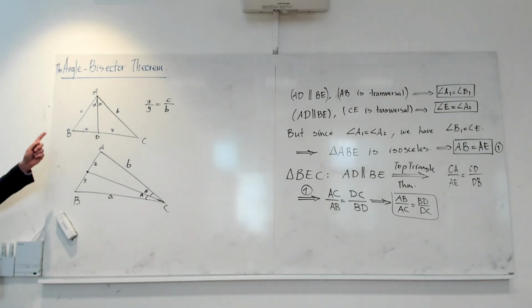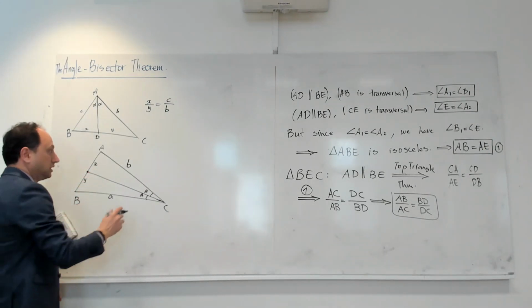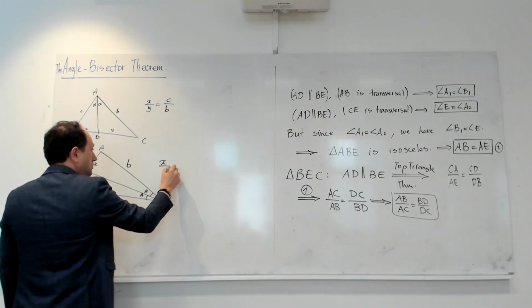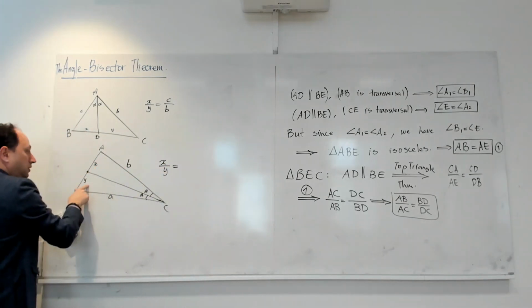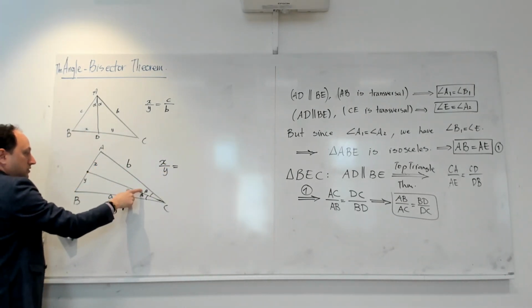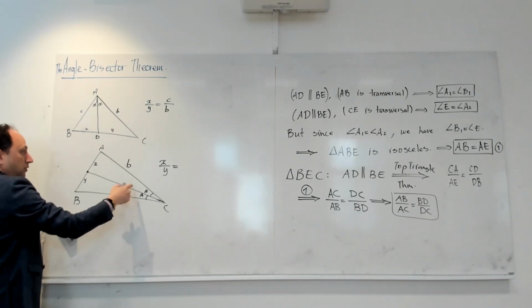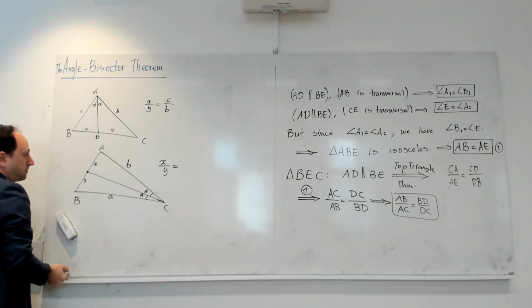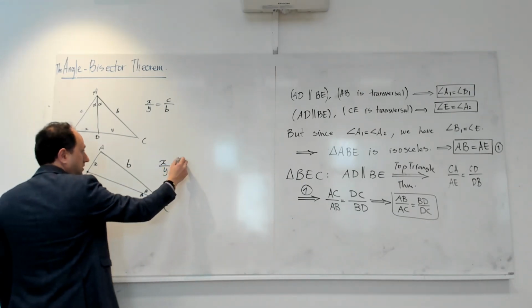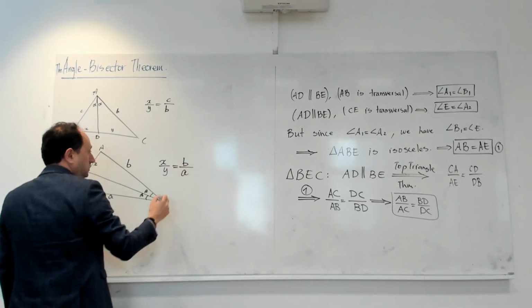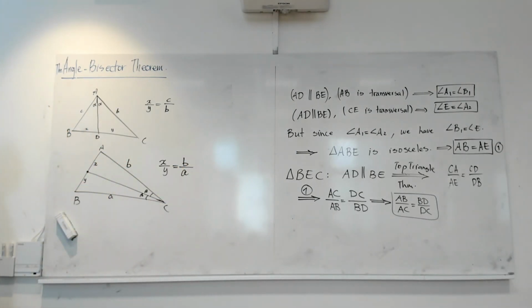Okay, if I want to repeat that theorem in this setup, what should I write? For example, again, let me choose x over y. It is up to you to choose which one, but let me choose x over y. If I choose x over y, and if these two angles are the same, then what should I write on the right? b over a. This is not arbitrary. You have to write b over a. Okay?